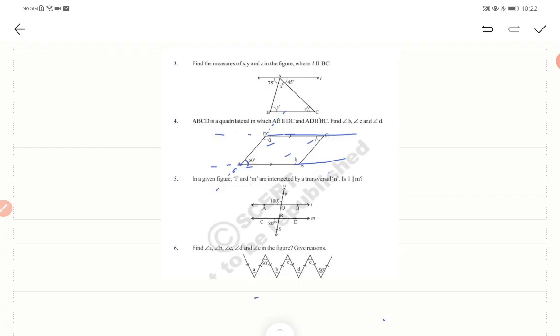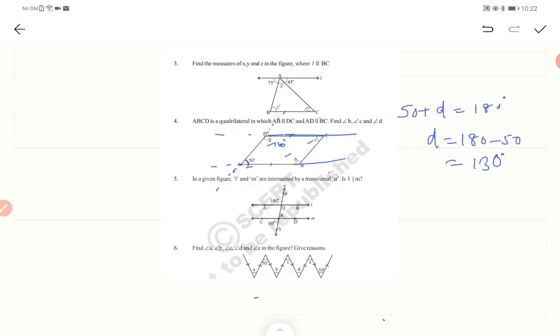What was the rule I told you? They are supplementary. So 50 plus D is equal to 180 degrees. Then D is equal to 180 minus 50, which is 130 degrees. So I've got this 130 degrees.